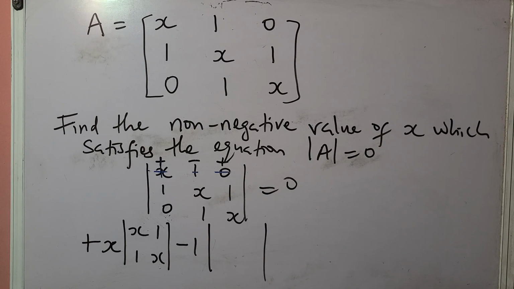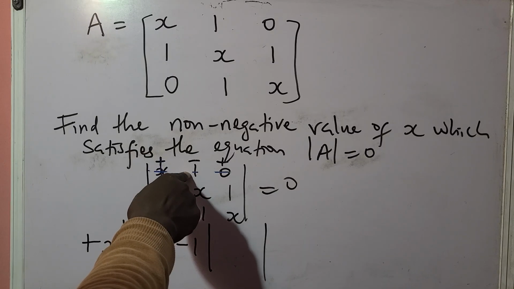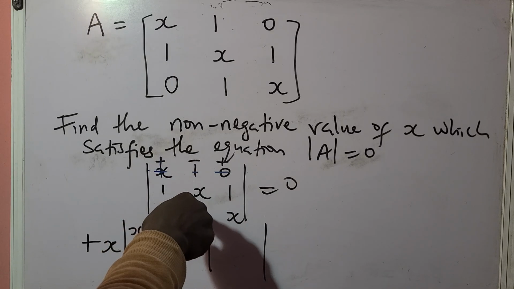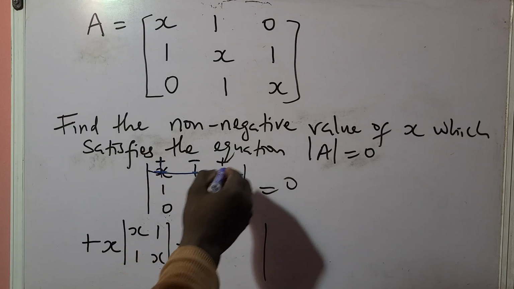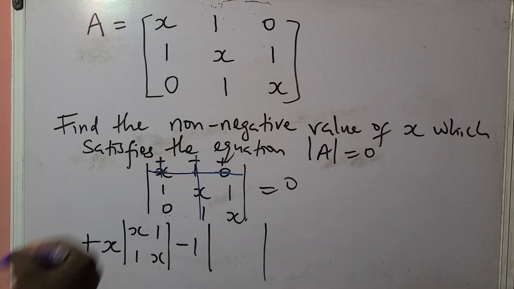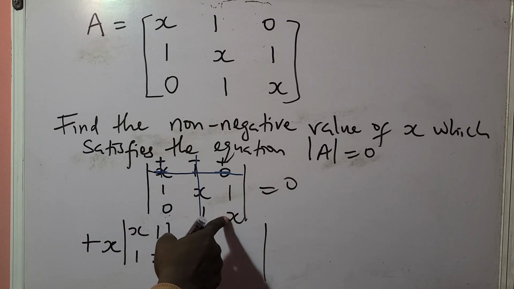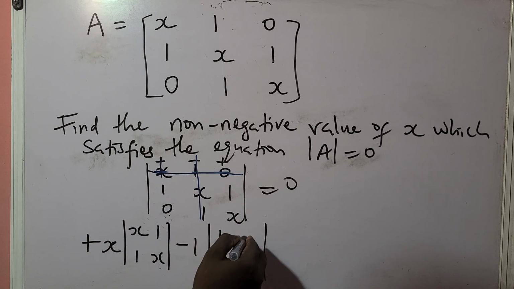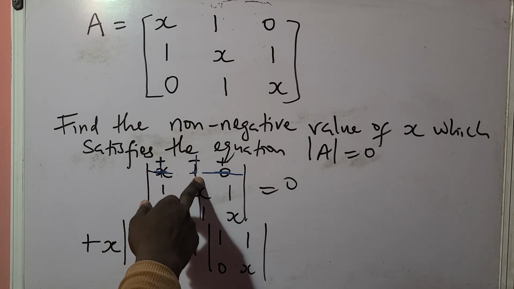This time you are dealing with minus 1, which lies in row 1, column 2. So you cancel out row 1 and column 2, and you will be left with 1 1, 0 x. You write that in here.